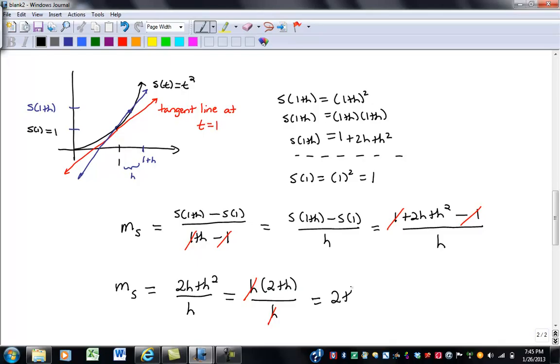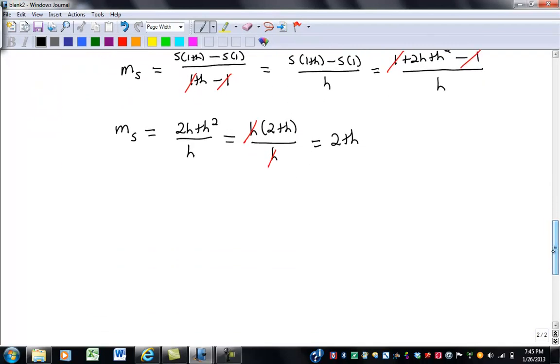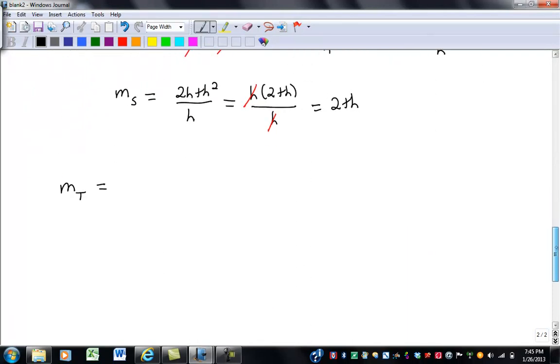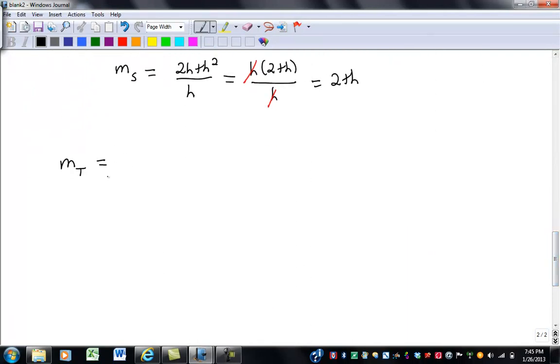And you're left with an expression that you can plug 0 for h into. So to find the slope of the tangent line, which would be the slope of the red line in the graph, because h would be 0 then, and so 1 would be the second point as well, well, this is the limit, as h goes to 0, of the slope of the secant line.